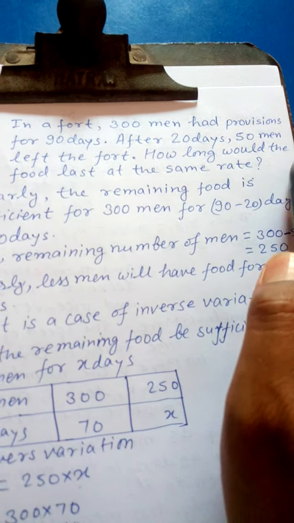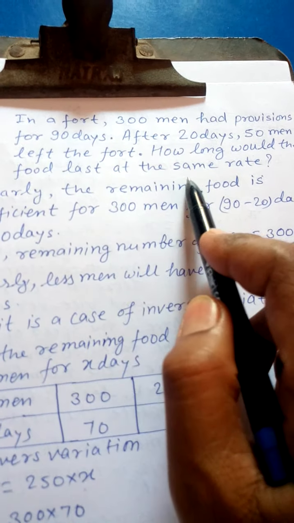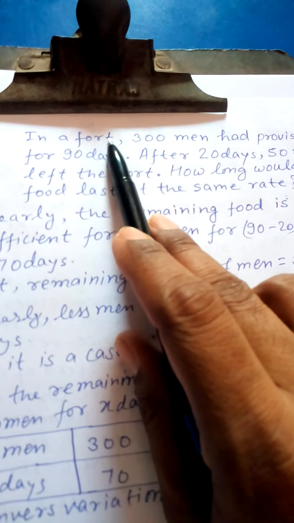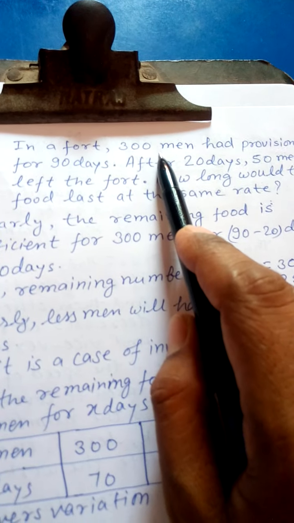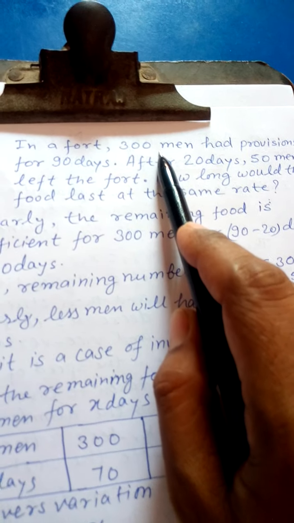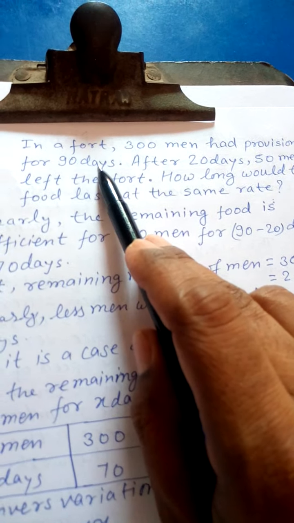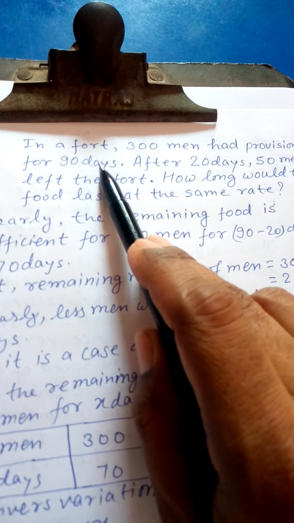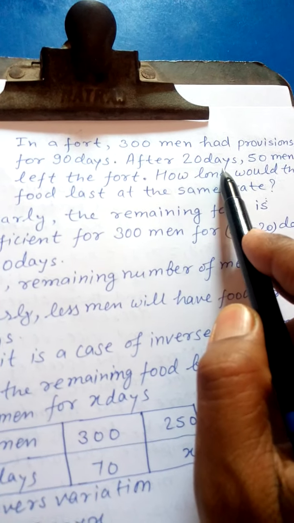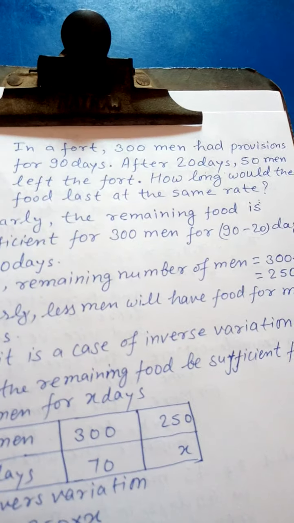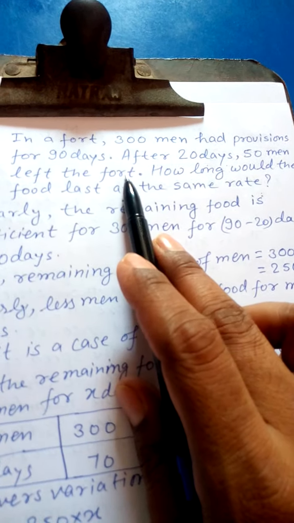How long would the food last at the same rate? Listen carefully. In a fort, there are 300 men and they have provisions for 90 days. It means the ration lasts for 90 days. After 20 days, 50 men left the fort.